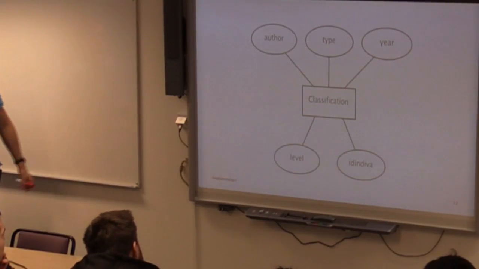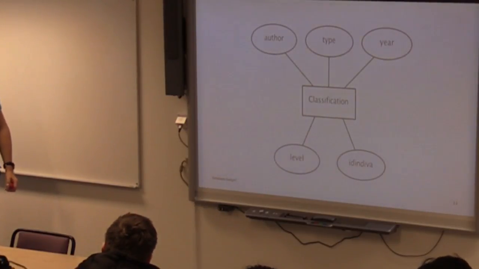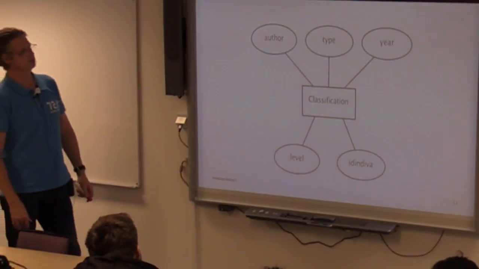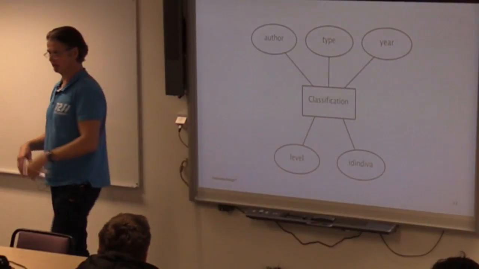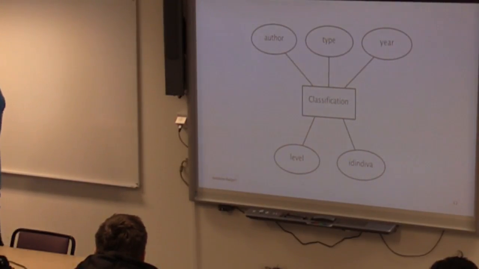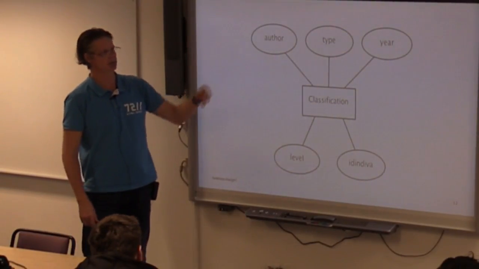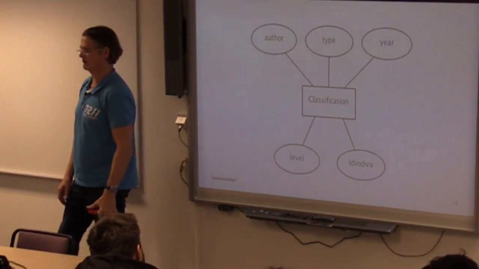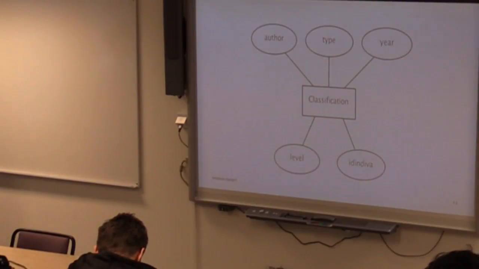So this is what we came up with, and we came up with the idea that this is a classification system, because it sort of is, because you can also rate your paper here for quality, for instance. So the classification is something that is put into the center of everything, and the question is, is that right or wrong? Well, let's find out. But first of all, we have a few attributes: the author, the type, the year, the level, and that ID that DIVA is using.